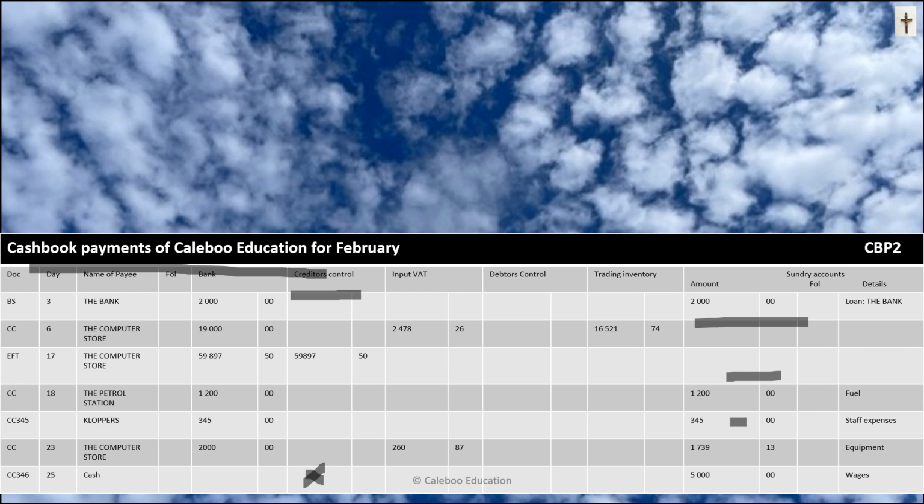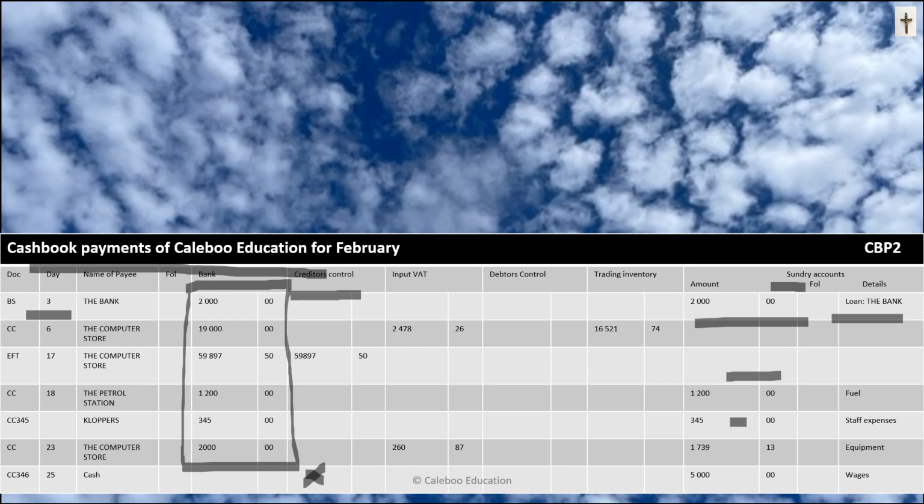But if an account appears under sundry, like loan, the bank, the information is taken on the day the transaction took place. The purpose of a journal is to take the load off the ledger. And how it takes the load off the ledger is, say for example, this bank column.